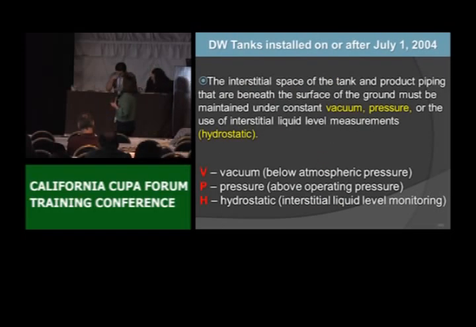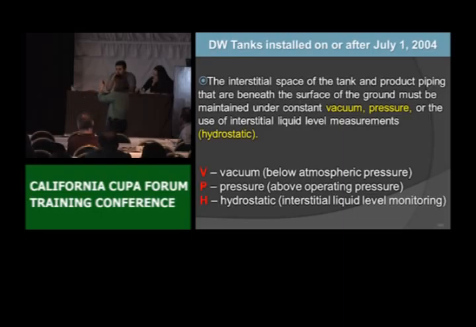You see the term continuous monitoring, and you might ask, well, haven't you needed continuous monitoring since 1987 or 1984 for tanks, because you need that monitoring for the double-walled components? But the requirements call for continuous monitoring via constant vacuum, pressure, or the use of interstitial liquid level measurements, otherwise known as hydrostatic.